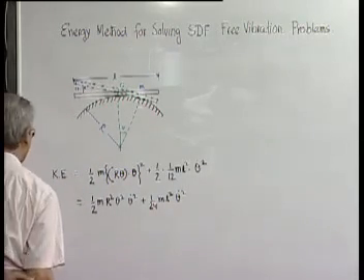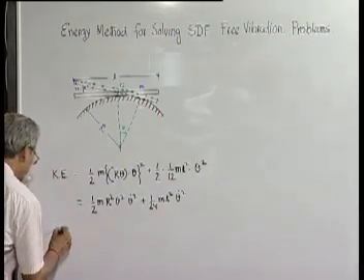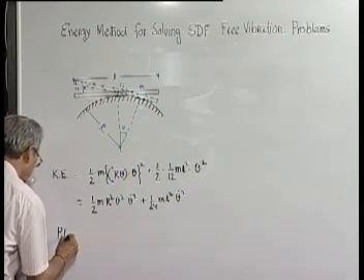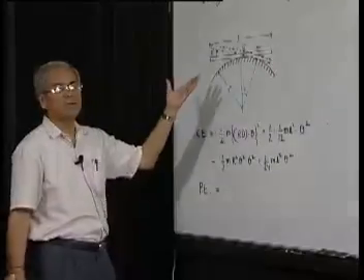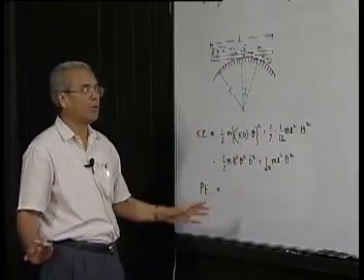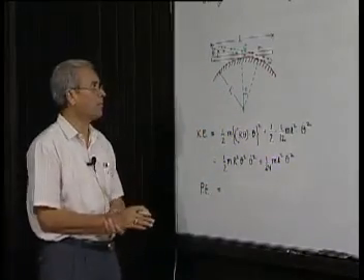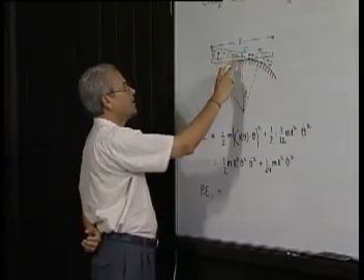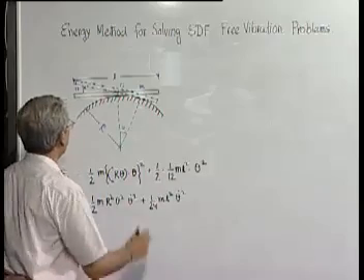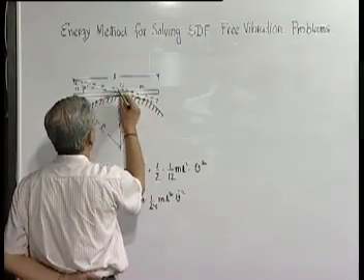Next we have to find out the potential energy. There is no spring element, so there will be no strain energy stored in the system. There will only be gravitational potential energy, because the center of mass of the system is changing height. How much is the change in height? It is approximately this much.